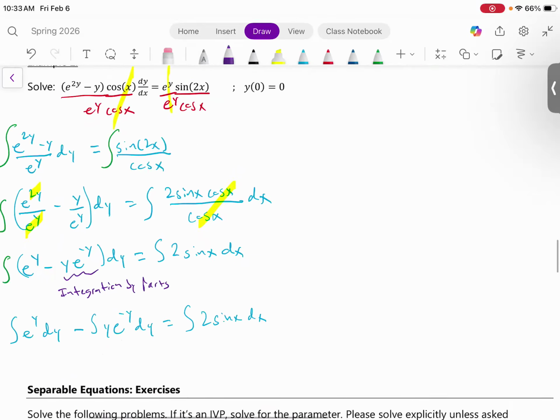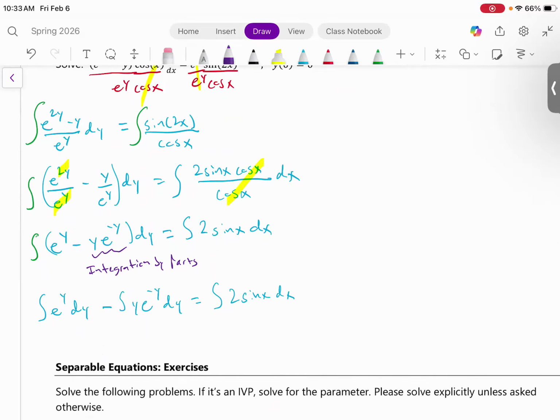And so for the integration by parts for this y e to the negative y, my u would be y, and my dv would be e to the negative y dy.